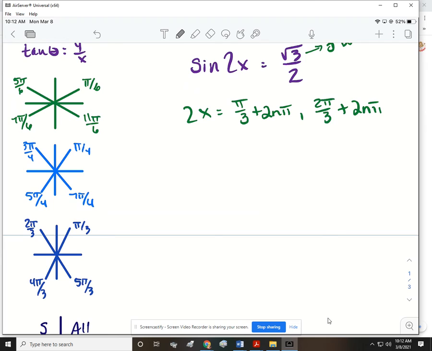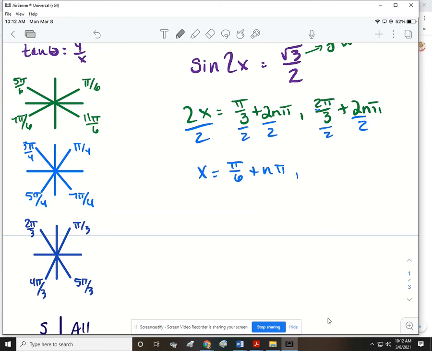All right. And so these are what 2x equals. So we're going to go through and divide every little thing by 2. All right. So when we divide a third by 2, we get a sixth. We can do 2 pi over 3 a different way if you want to.